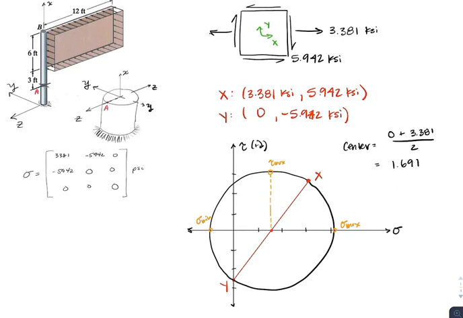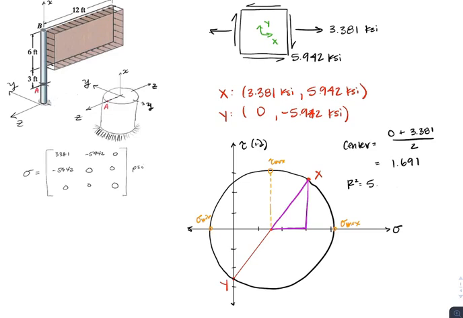To find the radius, we just need to solve this particular triangle right here. Since we know the 2 legs of the triangle, we can use the Pythagorean theorem. The radius squared is equal to the height of our X point, which we know to be 5.942 squared, plus the bottom leg of our triangle, which happens to just be the center, so 1.691 squared.